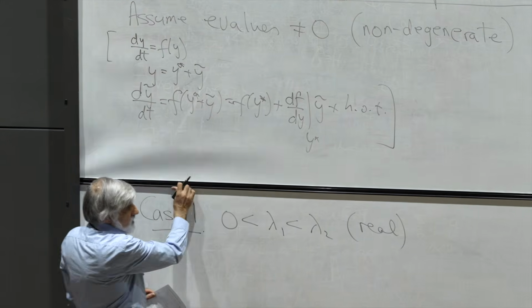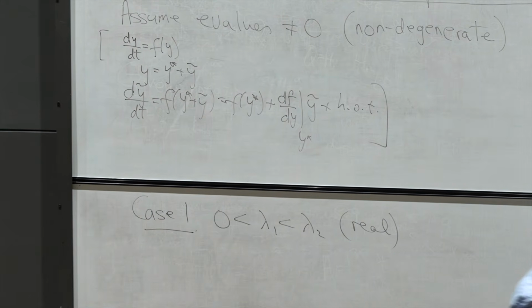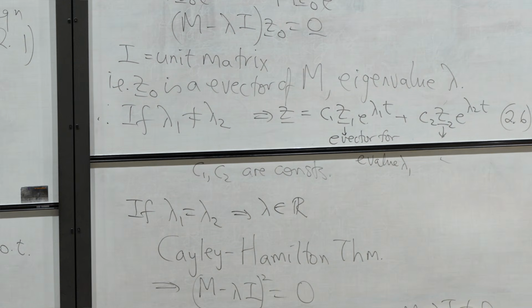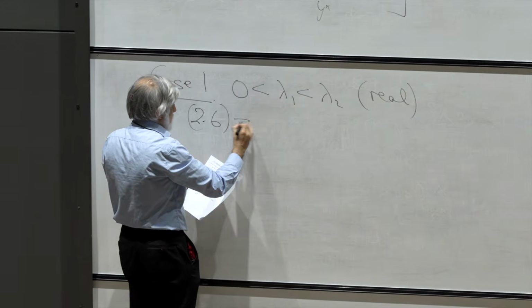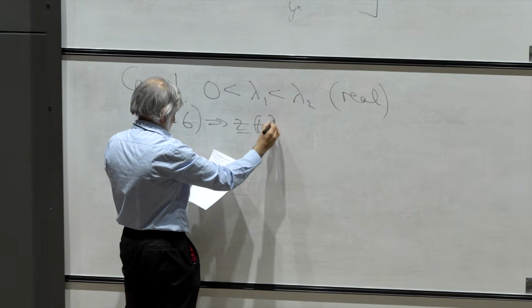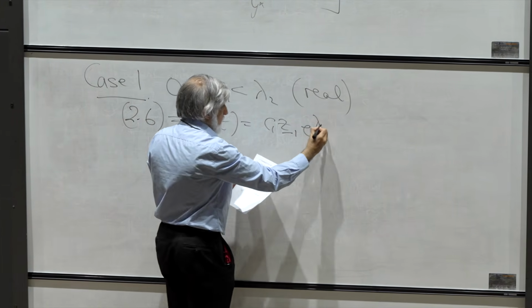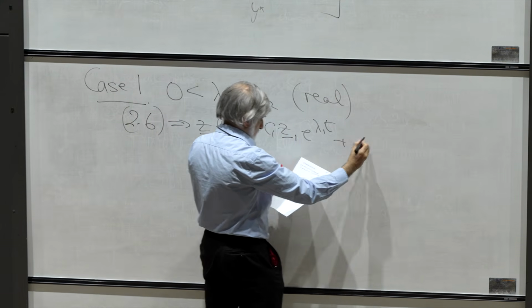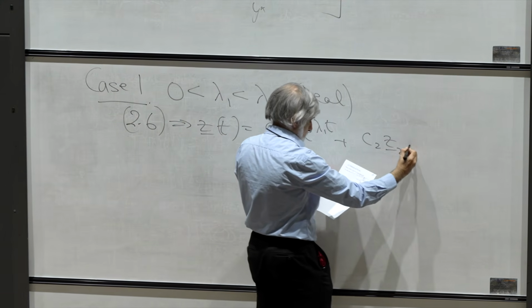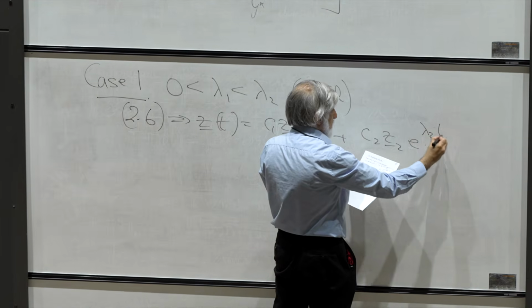And so then, going back to 2.6, we can write z of t is c1 z1 e to the lambda 1t plus c2 z2 e to the lambda 2t.